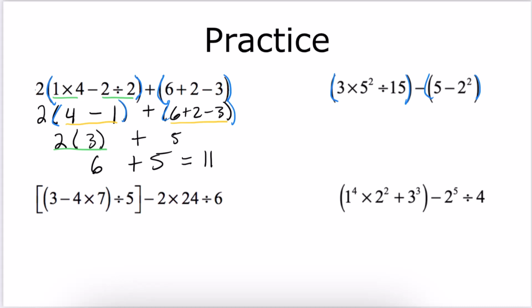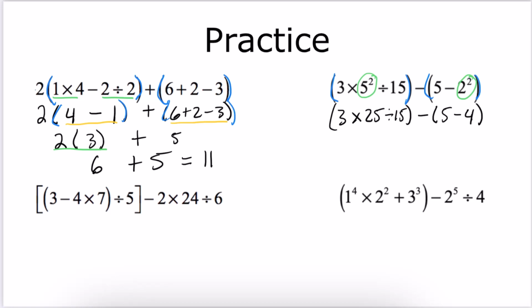And I do have 2 sets of exponents. I have these 2. So I'm going to simplify those first. And that gives me 3 times 25 divided by 15 inside my first set of parentheses, because 5 squared is 25. And then in my second set of parentheses, I have 5 minus 4 because 2 squared is 4.